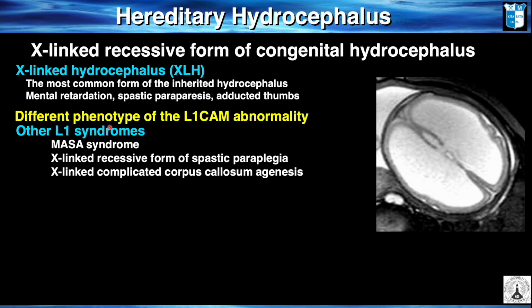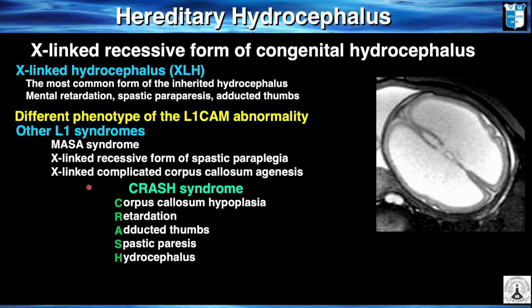The different phenotypes of L1 CAM abnormalities, there are other L1 syndromes like shown here. They are often associated with CRASH syndrome: corpus callosum hypoplasia, retardation, adducted thumbs, spastic paralysis, hydrocephalus.